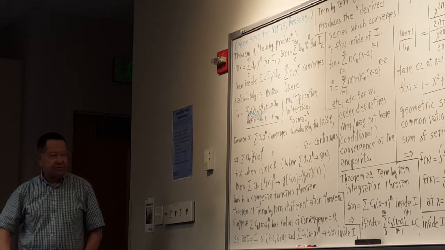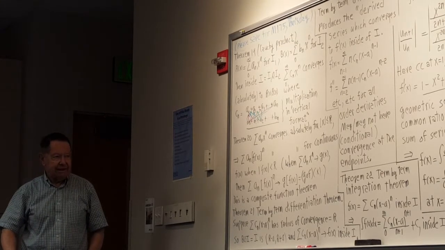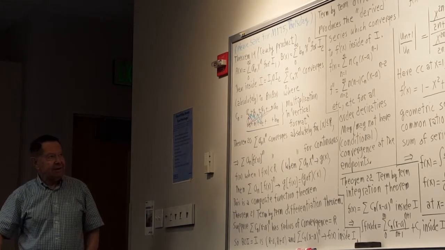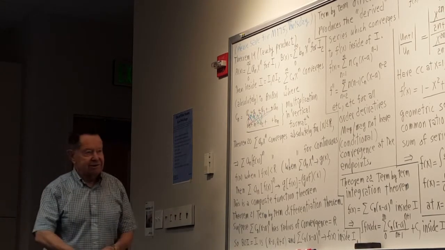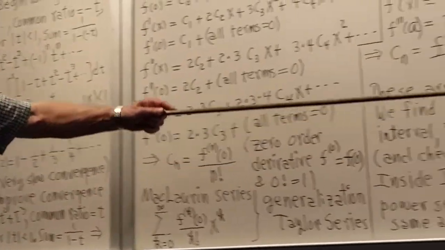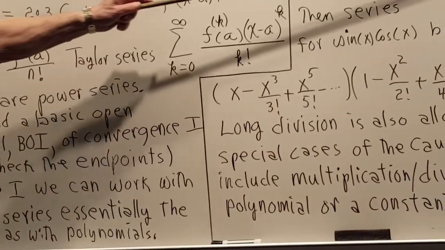So if your g, for example, were sine, then you could take the terms of the sine series, the Maclaurin series, which are like these.